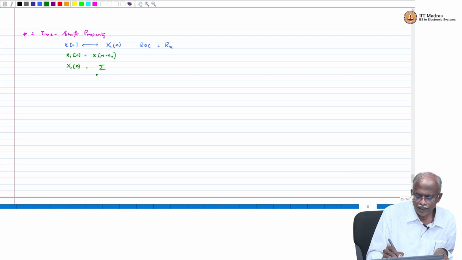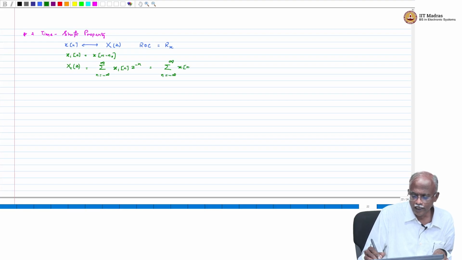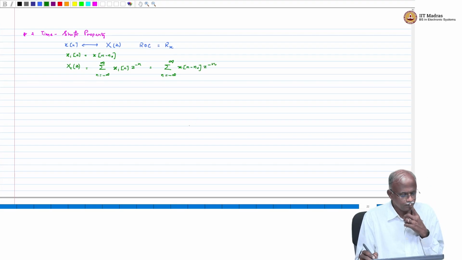This will be summation n equal to minus infinity to infinity, x1 of n z power minus n. Substitute for x1 of n: summation n equal to minus infinity to infinity, x of n minus n naught, z power minus n.